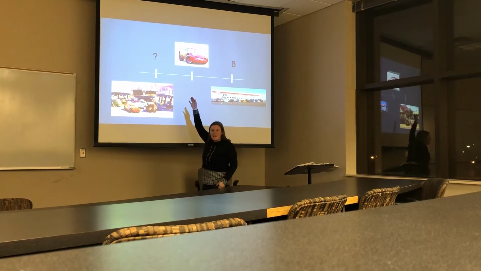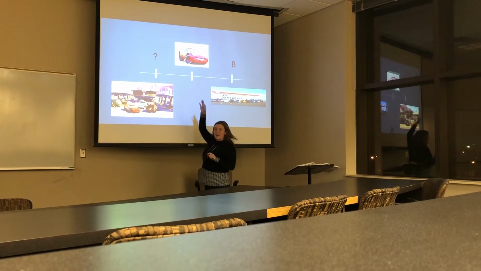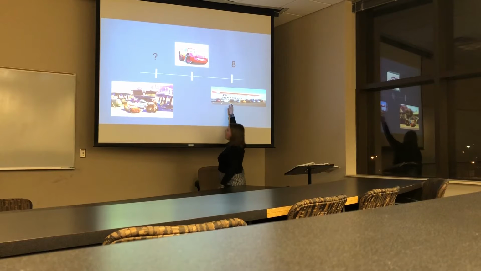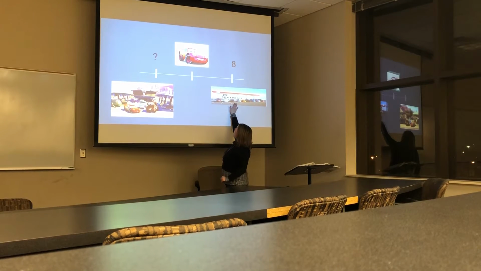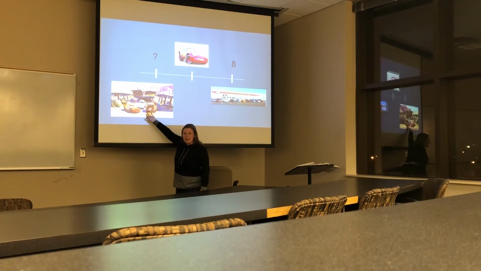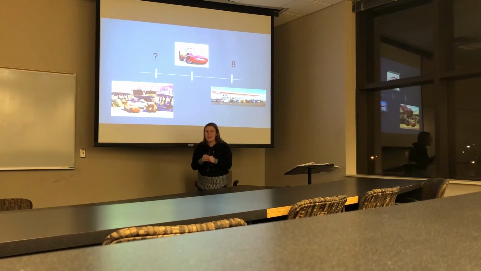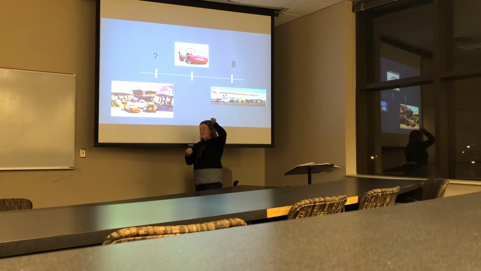So here we have my friend Lightning McQueen, and he just got done getting his tires cleaned, okay? But now that his tires are clean, he wants to go get gas. So he drives 8 blocks to go get gas, okay? If Lightning McQueen wants to go in the opposite direction, which is our additive inverse, to get back to see his friend Mater, how many spaces is he going to have to go in the opposite direction to get back to Mater? 8, good.